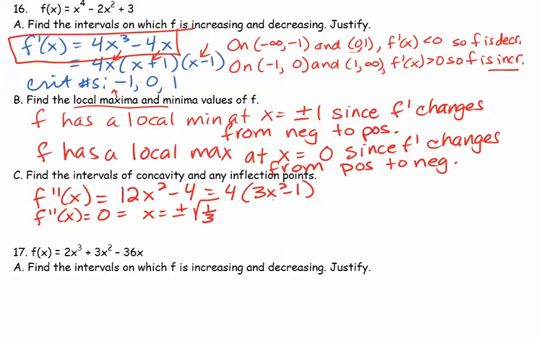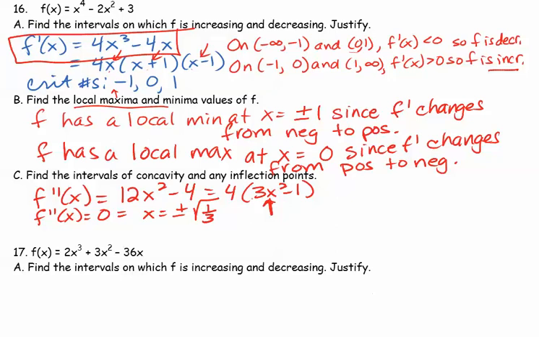So if you think about choosing a number that is very negative, think of a number like -10 or +10. Can you see that the second derivative would be positive? But between negative square root of 1/3 and positive square root of 1/3, a number like 0, if you put 0 in for x, can you see that the second derivative would be negative?